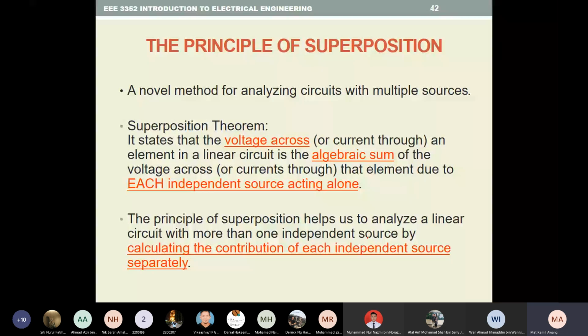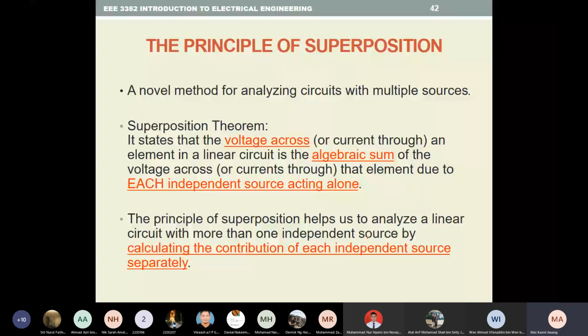The superposition theorem states that the voltage across or current through an element in the circuit is the algebraic sum of the voltage across or current through that element due to each independent source acting alone. So it means, if in a circuit you have two sources, you can do your calculation by using the first source and eliminate the second source.